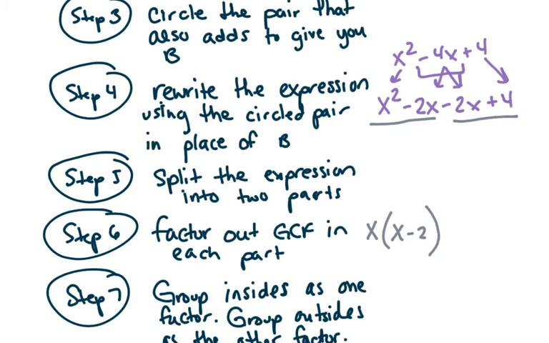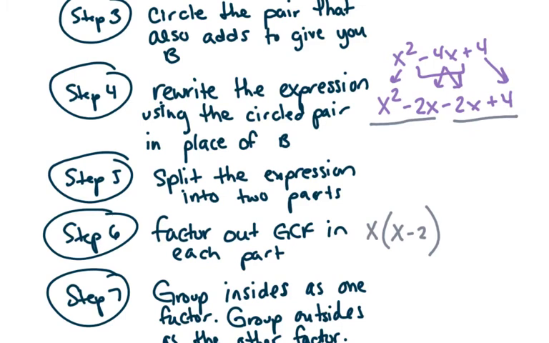Okay. Notice that if I redistributed, I would end back up with what I started with. So again, I haven't changed anything. Now I'm going to go to the second part, and I'm going to look for their greatest common factor. So the biggest thing that goes into 2 and 4 is 2. Only one of them has an x, so I'm not going to include an x in the greatest common factor this time.